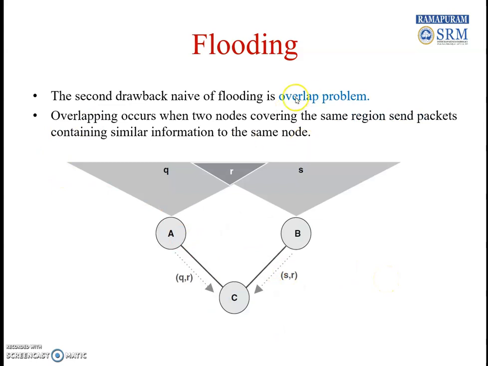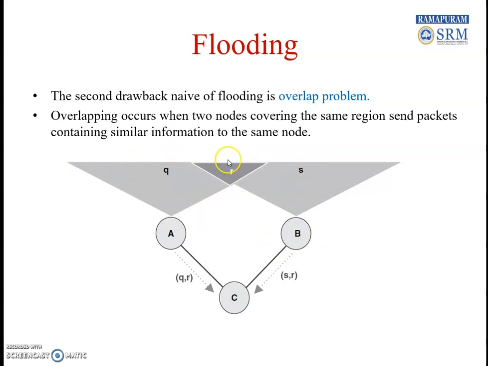And the second drawback is the overlap problem, where a node also gets duplicate copies. Overlapping occurs when two nodes covering the same region send packets containing similar information to the same node. When you consider R, it is in the region of Q as well as in the region of S. So the data packet transmitted by R will be received by A, that is in region Q, and B in region S. So this is the overlapped region, right?